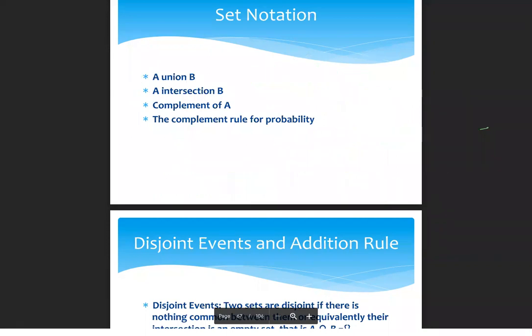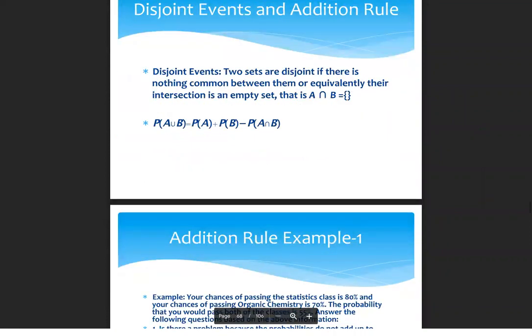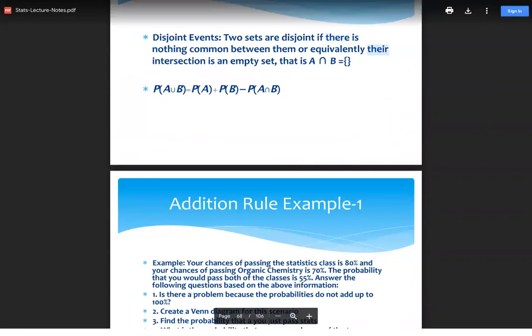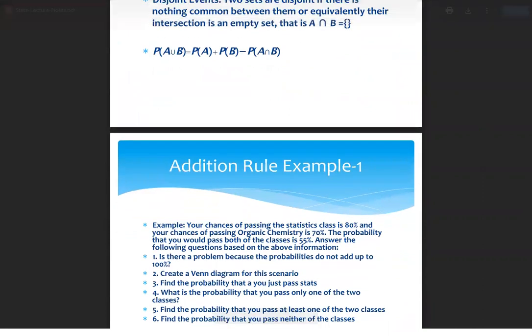All right. Next, we are going to talk about disjoint. We talked about it. Two events are disjoint. Let's talk about union. We have defined what is A union B. Now I'm going to tell you what it means to find the probability of A union B. This is kind of like a formula you can think of, and we are going to be using it.